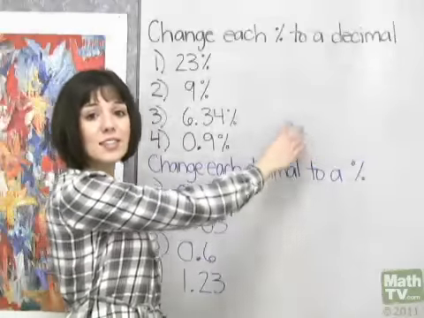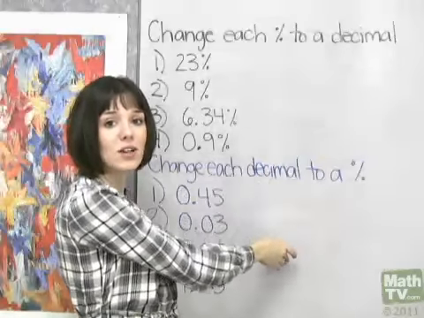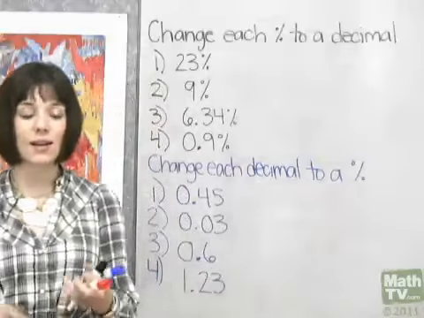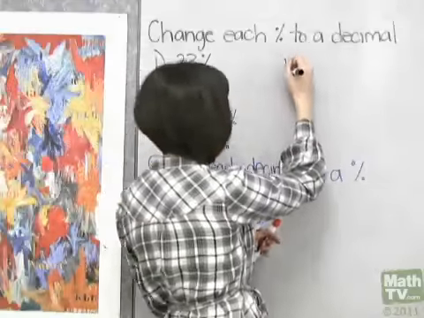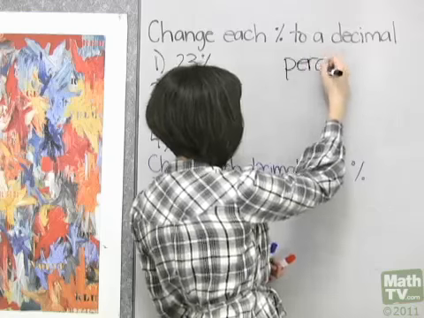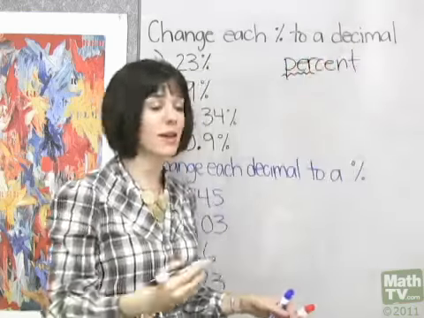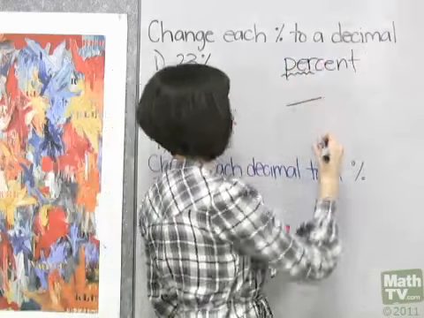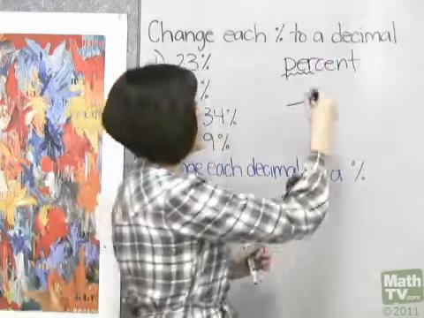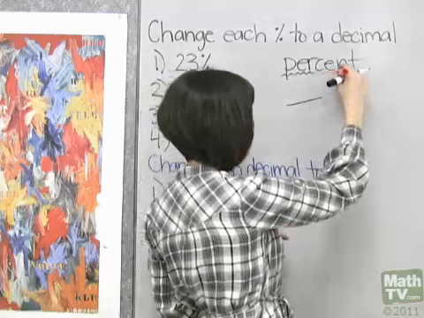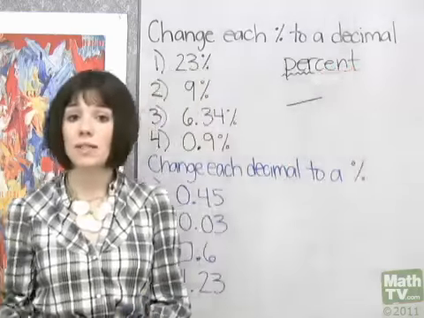Here we want to change each percent to a decimal and then turn each decimal into a percent. So let's look at the word percent. Per, another way to write that is a division symbol. And then cent, well, that means 100.